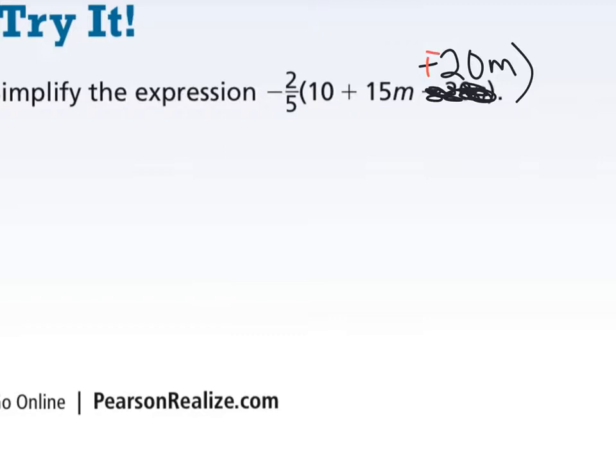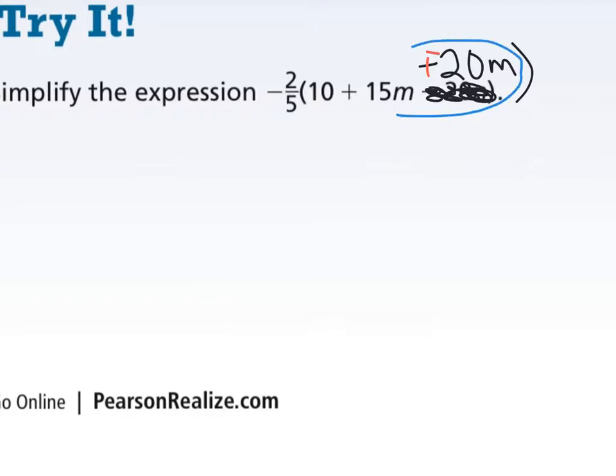And then if you'd like to, you can go ahead and distribute. This is what we normally do. If you don't, the other option you have is that, by me changing this problem, we have like terms inside the parentheses. If you have like terms that are both inside the parentheses, you're actually allowed to combine those first.